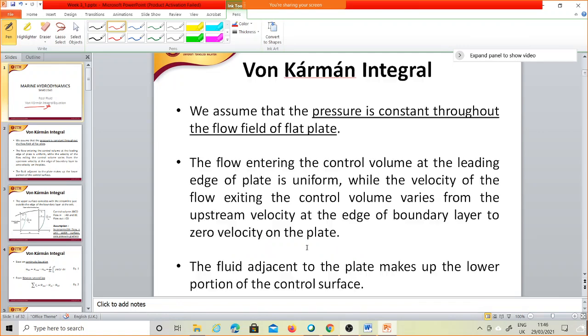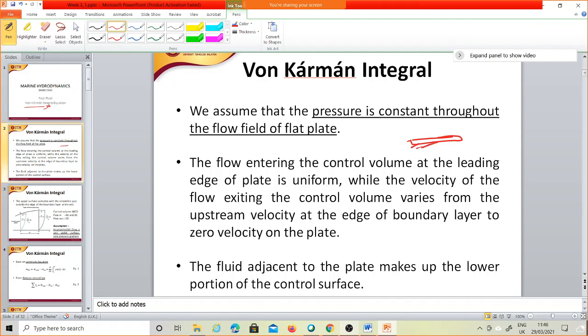Okay, so before going to that, again we have some simple things that you need to know, some assumptions. Here we assume that the pressure is constant throughout the flow field of a flat plate. Remember that for the Blasius form of solution or von Karman integral, we actually consider flow over a flat plate.